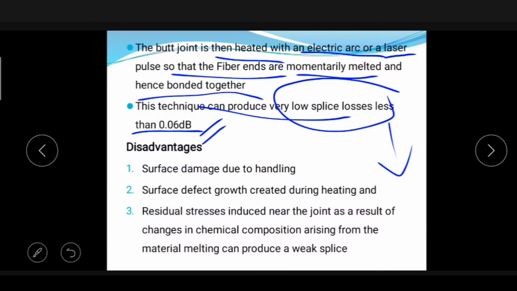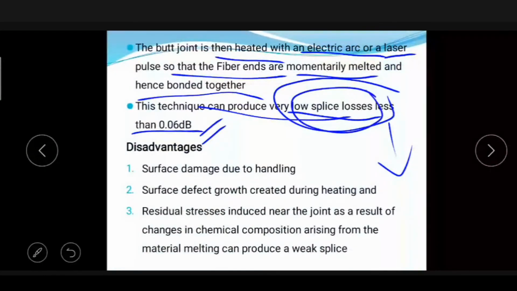Once we heat the optical fiber, you know that on heating a material which is a glass or a plastic, its characteristics may change, or the structure of the fiber may change. Like if you heat it, there might be melting. Even though it is a very small microscopic structure, there might be small variation in the structure of the fiber, due to which there might be a loss. That loss is nothing but splice loss, but it is very low.